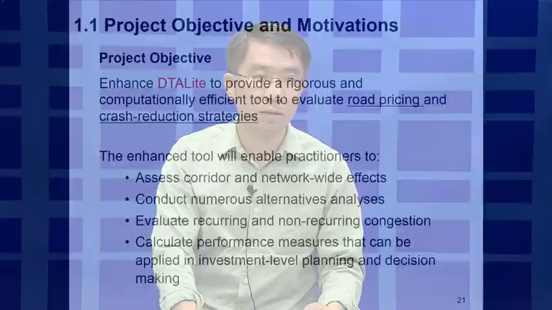Then we can import the speed data and run the OD estimation iteration by iteration. Finally, we can calibrate those OD demand matrices based on the available speed, flow, or travel time counts.